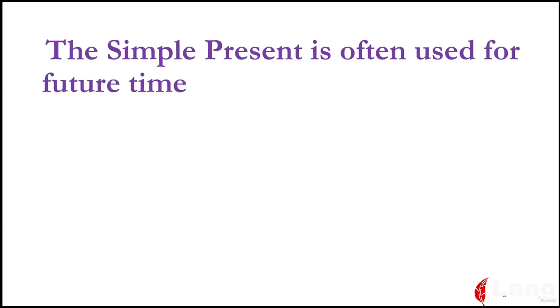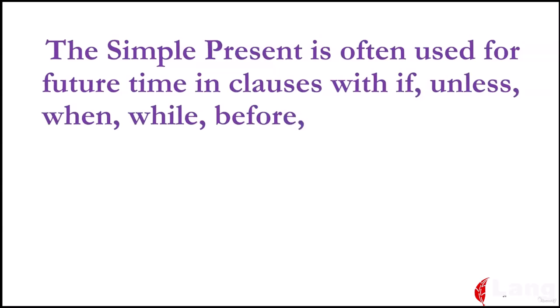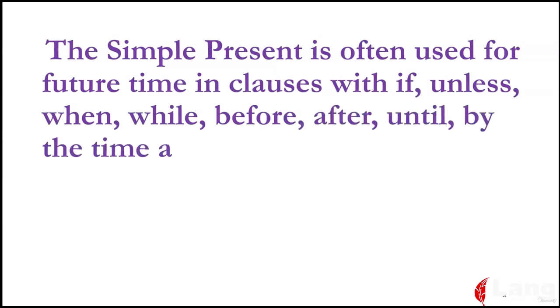The simple present tense is often used for future time in clauses with if, unless, when, while, before, after, until, by the time, and as soon as. Examples: Tom will not leave if it rains, not will rain.